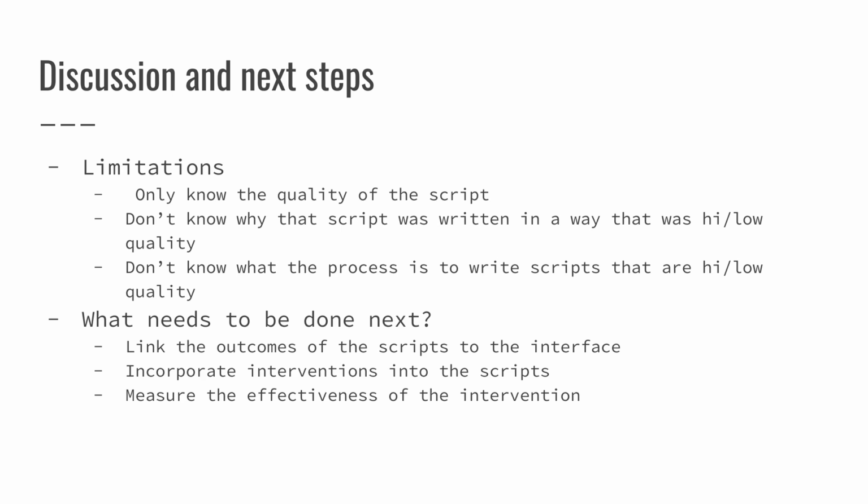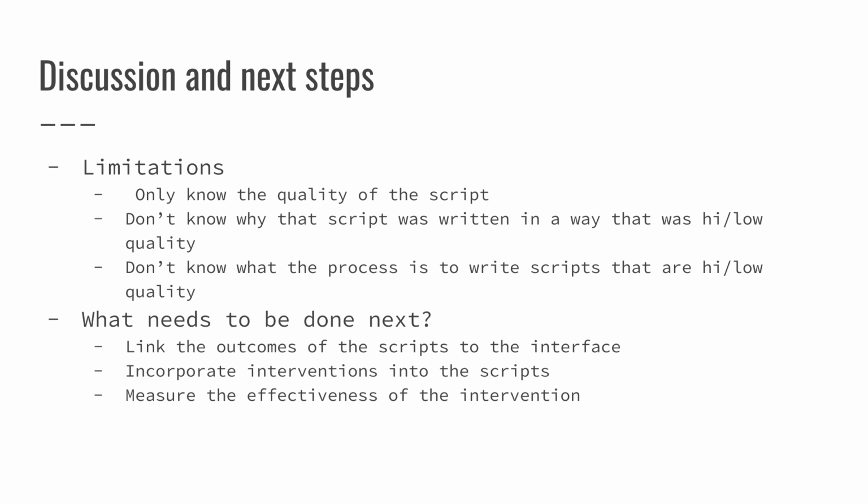Which leads us to our discussion. For the limitations, the primary limitation is that we only know the quality of the scripts. We don't know why that script was written in a way that was high or low quality. If the script was high quality, we don't exactly know why, and if it was low quality, we also don't know why.